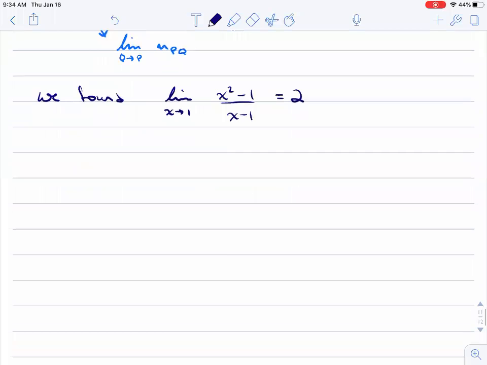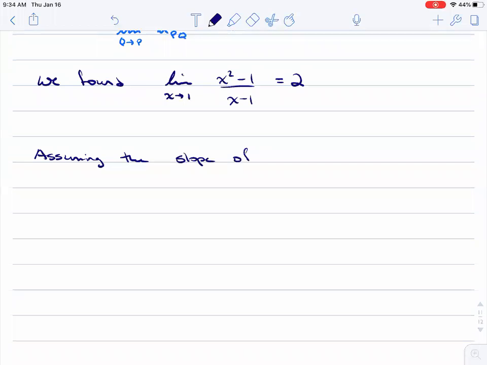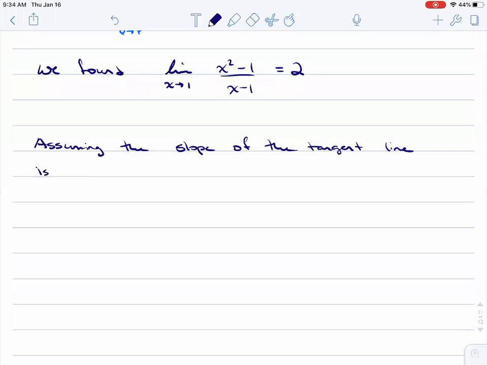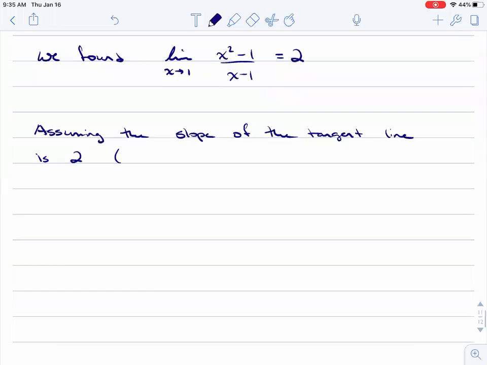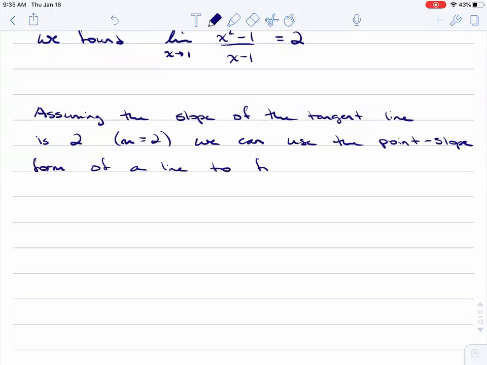And so here, assuming the slope of the tangent line is 2, so m equals 2, we can use the point slope form of a line to find the equation of the tangent line.